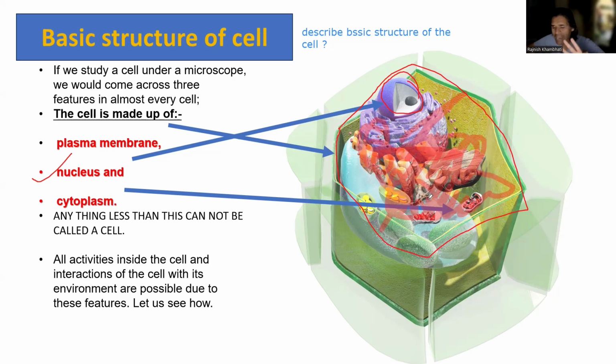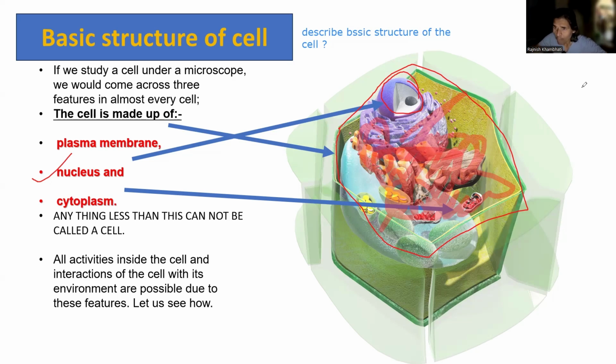Okay, so now one point is very clear. We can see 3 basic structures in the cell. The outer periphery called plasma membrane. In the center of the cell, there is a round oval mass called nucleus, and there is a liquid filled in that called cytoplasm. In each and every cell, no matter what cell you are looking at, these 3 basic structures are always present.